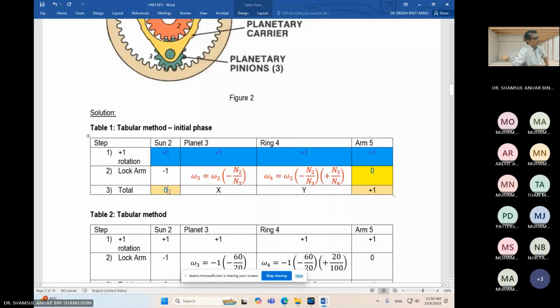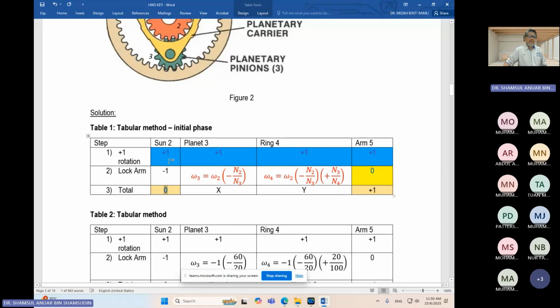So you can fill up this cell, the yellow one in the second process, and in the third process we decide which one will be locked in reality.